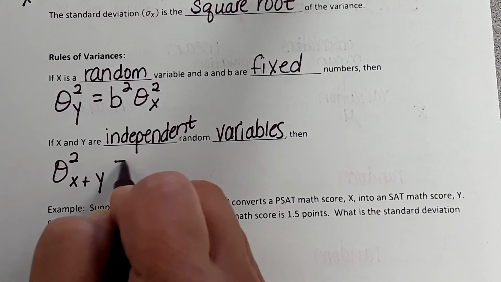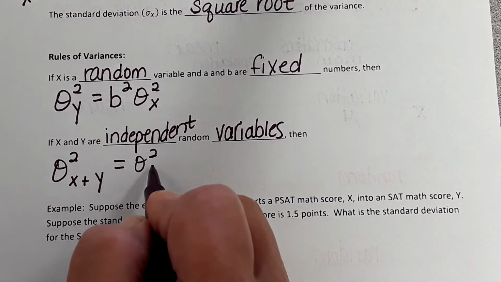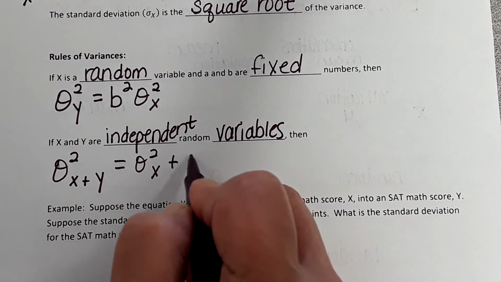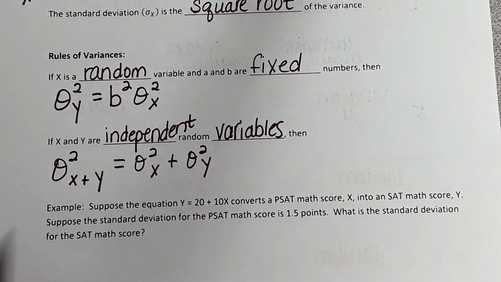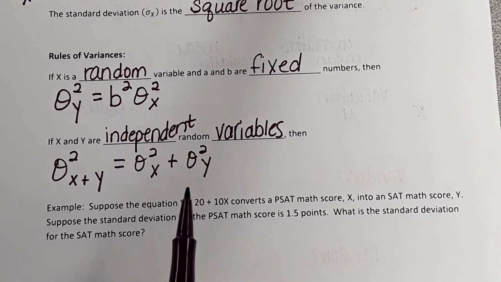If it says these two variables are independent, please find the sum, then you can add the two variances. Now remember, you can only add variances. You cannot add standard deviations. If it asks what is the sum of standard deviations, you have to put it in variance form, add the variances, and then take the square root, okay?